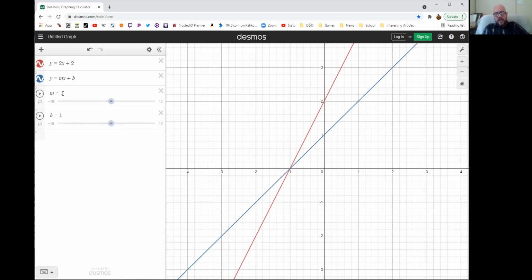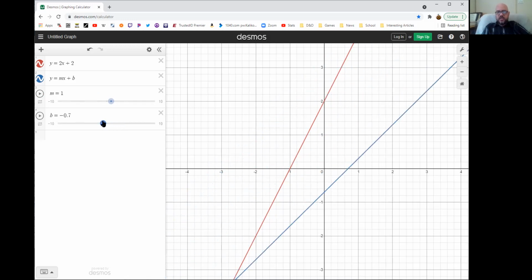It currently has m set to 1, so the slope of 1, and b set to 1, which is the y-intercept, or at least so I have claimed. So let's see what happens when I change the y-intercept. It kind of looks like it's sliding perpendicular to the line, but it's not. It's just going straight up and down.